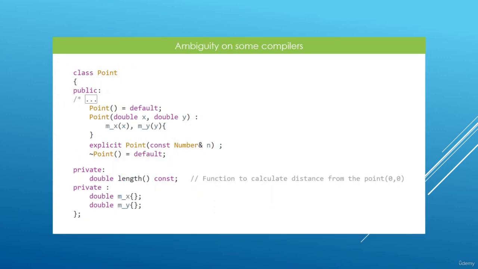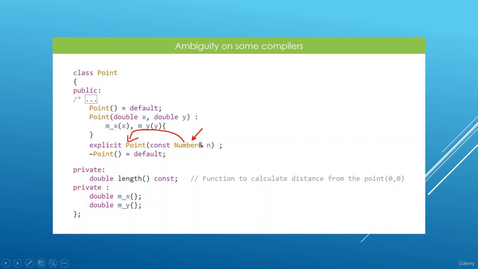One thing you should know is that if you happen to have constructors that can also be used to do the same transformations, your compiler is going to be confused as to what it's going to use to do the transformation. For example, here, notice that we have a constructor which is taking a number parameter, and this constructor can really be used to do a transformation from a number to a point.